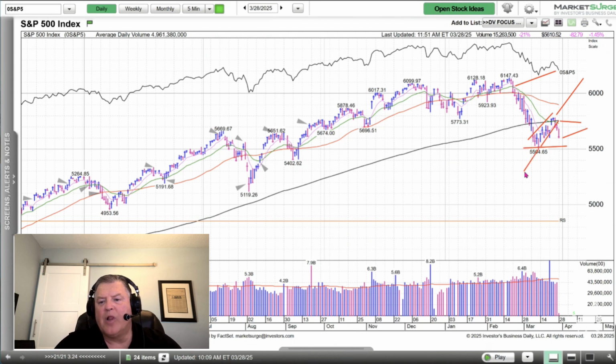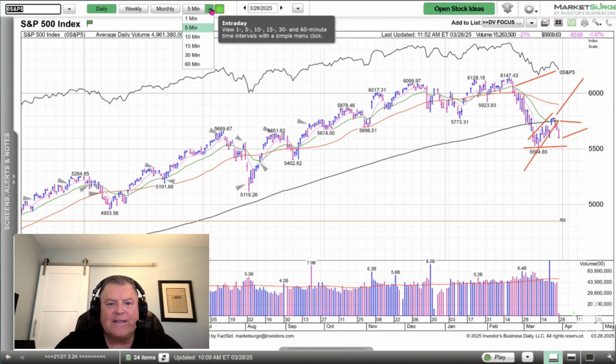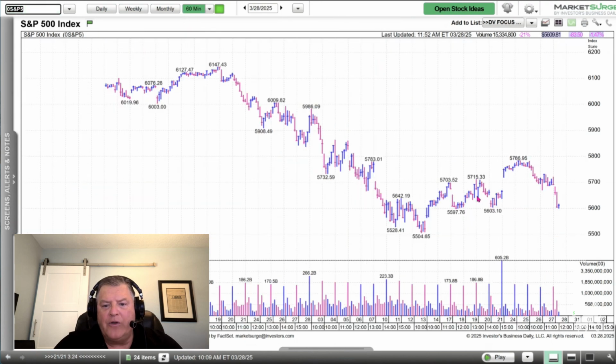We got 3% below it 2 weeks ago, but the slope of the line has been going up slightly since then, so now we're 3% below it without piercing the prior lows. But if you look at a 60-minute chart here, you can see the ranges that we've been discussing.